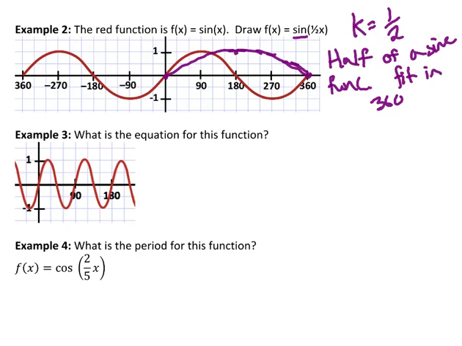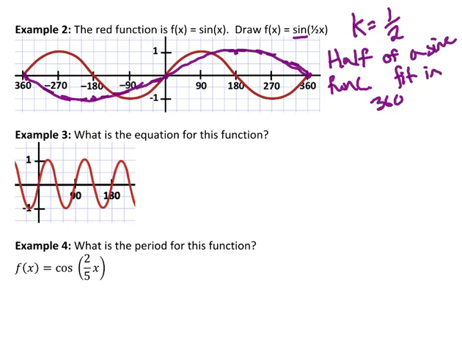Now to do the same thing to the negative side, so I'm taking this piece, half of my sine function, and I'm stretching it out over 360. So it starts at an x-intercept, ends at an x-intercept. Halfway in between, I need to get to a minimum. So that must look like that. And that right there is our graph of sine of a half x.